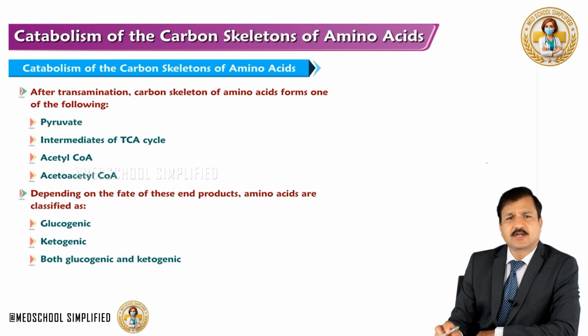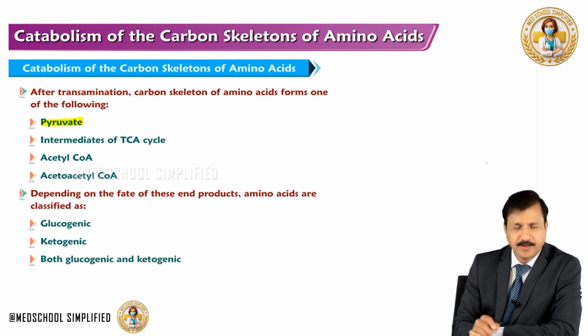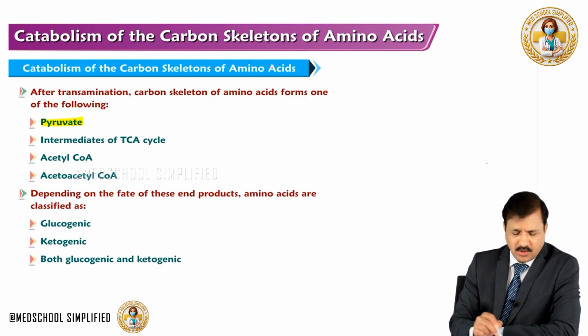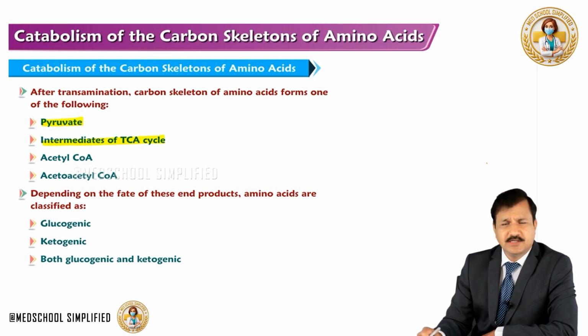After transamination, the carbon skeleton of an amino acid forms one of the following. It can form pyruvate, as I just explained, or intermediates of the TCA cycle, like alpha ketoglutarate, succinyl-CoA, fumarate, or oxaloacetate.